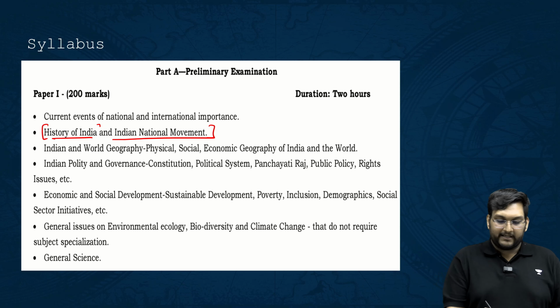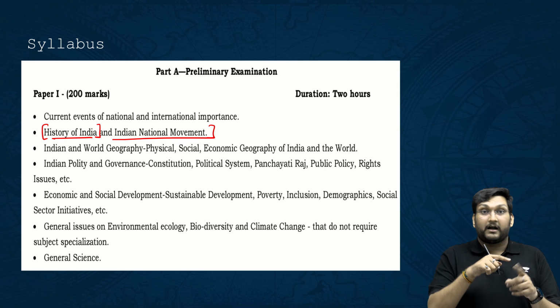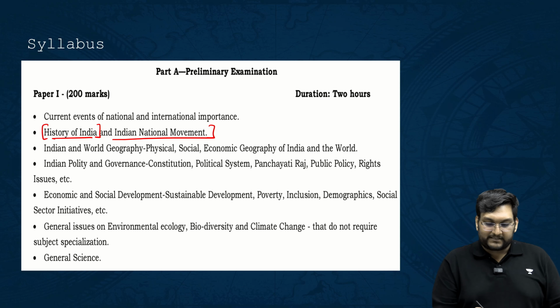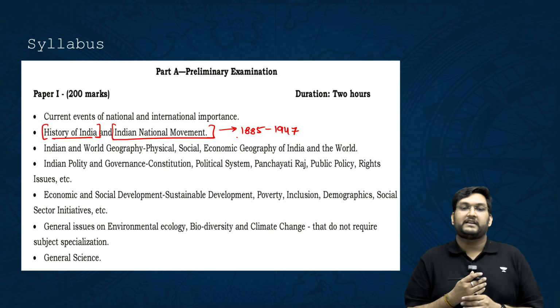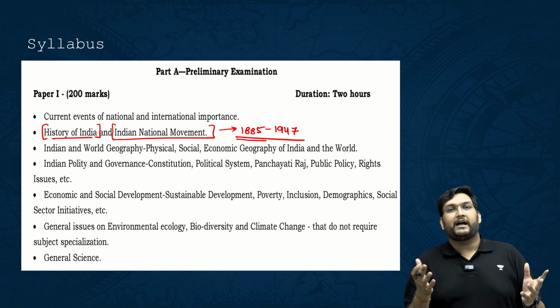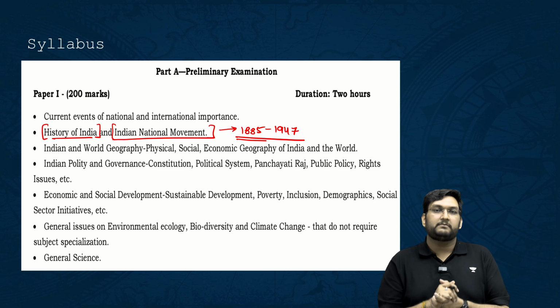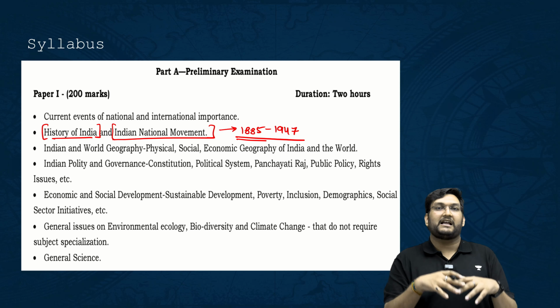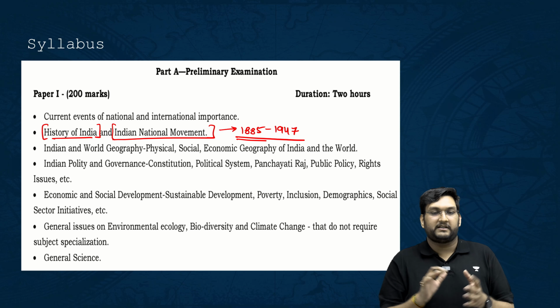So basically, history of India includes ancient, medieval, art and culture, but along with modern, they have specifically quoted the Indian national movement, which is 1885 to 1947, which is the formation of the INC till Indian independence. Some would argue 1857, but 1857 is a restorative rebellion, not a moment of nationalism, vis-a-vis what we discuss in class also, and the established understanding with regards to academic history.